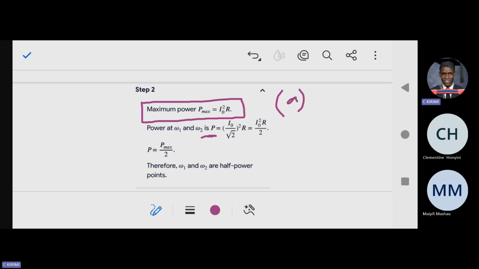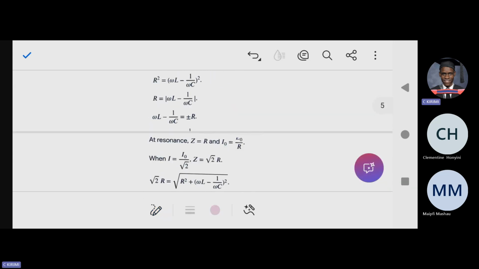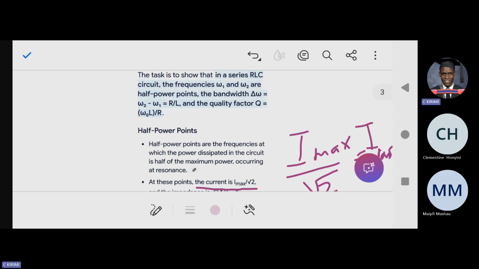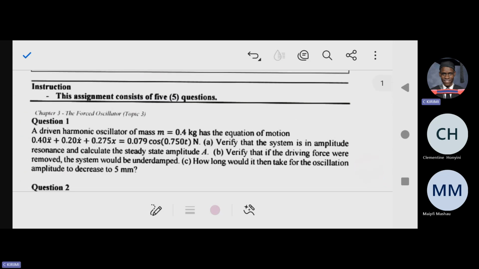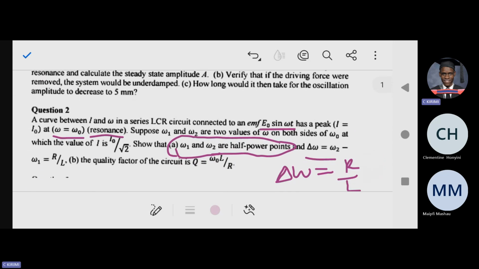Where did we get this I naught from? Which we substituted there. We got it from our question here, which was given from the point where it says given. Can you see our I? I is what?